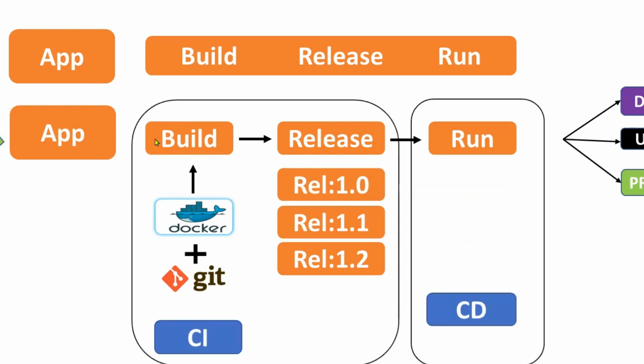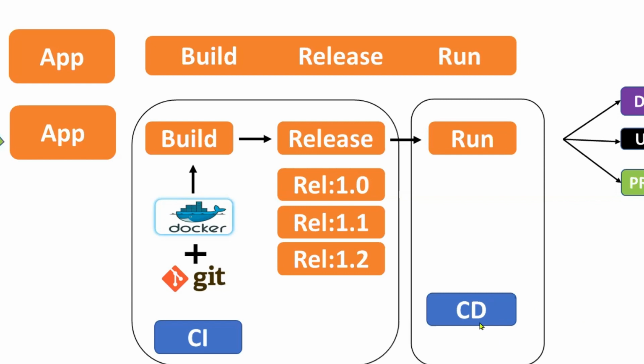And at the enterprise level, this build and release stage is considered as the CI part, and the run, that is the deployment, is considered as the CD part. See, in the market for CI, we have multiple tools available, like Jenkins, Bamboo, Travis, and all the cloud providers also have their respective tools.